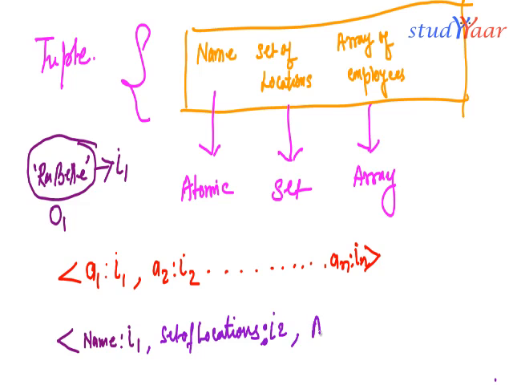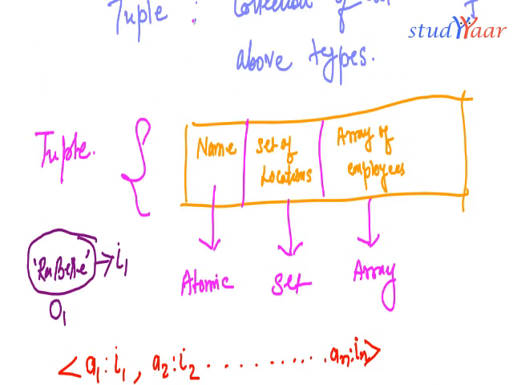Finally I have an array of employees, and this array of employees is stored in an object which has an OID I3. Just understand over here that all these elements in a tuple are themselves objects.